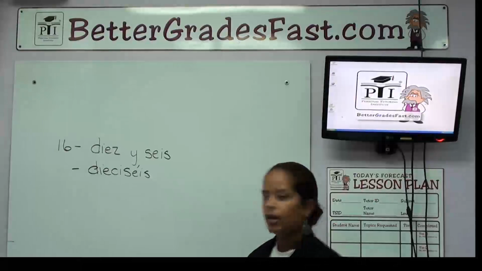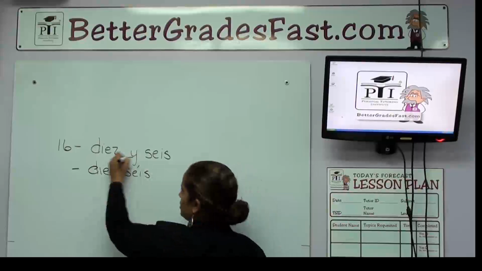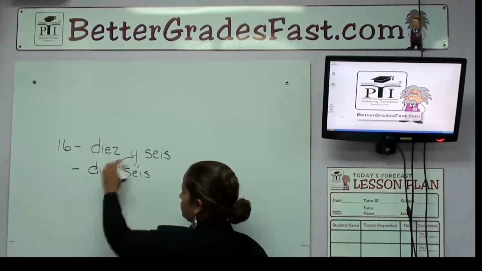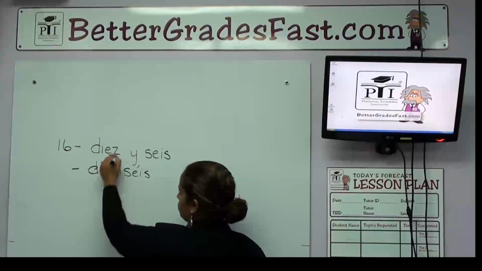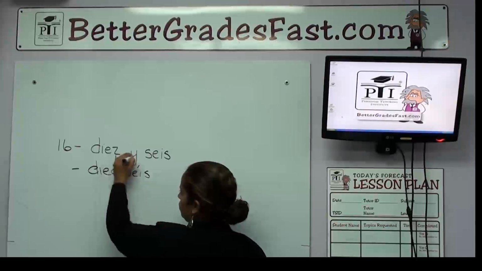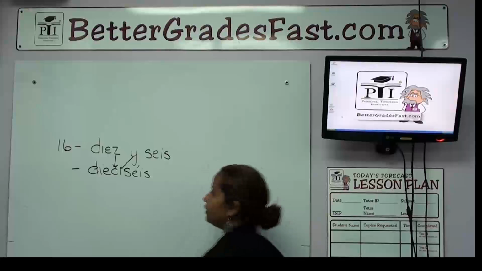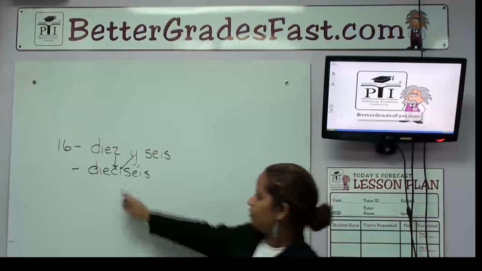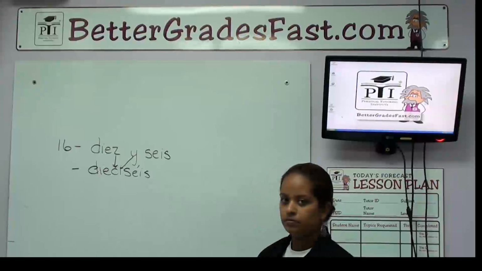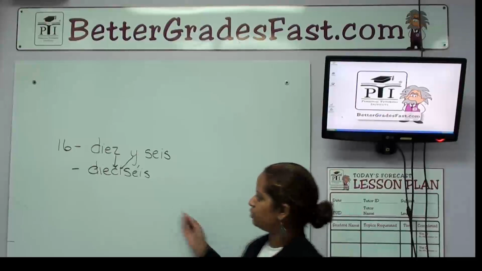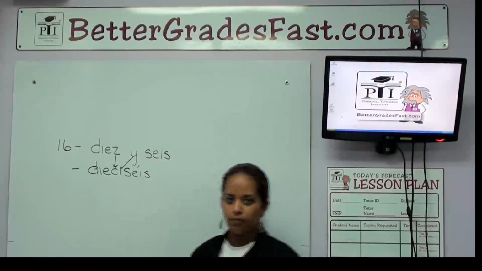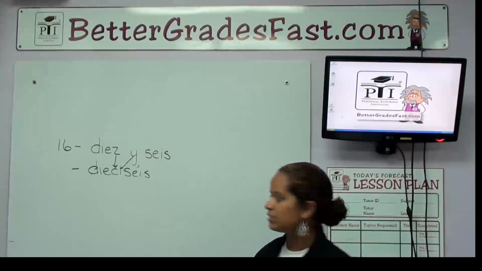Observe that when you combine the words, the Z becomes a C, and the EY becomes an I. That is the only change besides the combination itself. Let's look at it with 17.